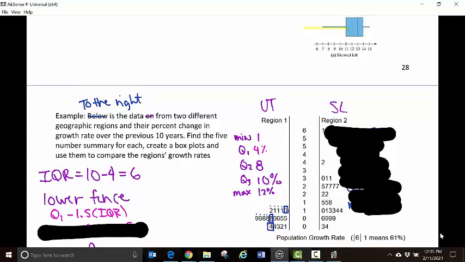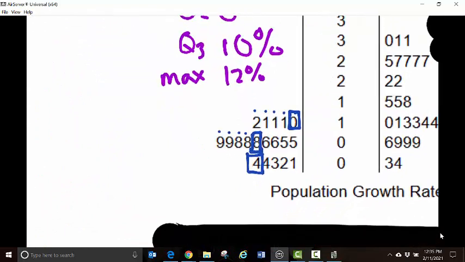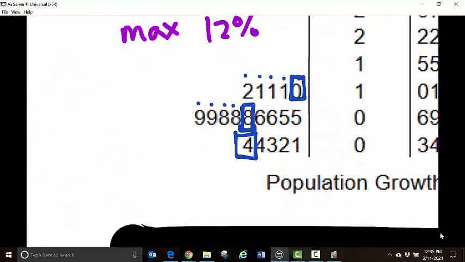So if I looked at Utah County, 5-number summary, okay, we want the middle number. So I went 1, 2, 3, 4, 5, 6, 7, 8, 9, 10. That must be the middle number because there's 9 on this side and 9 on this side.